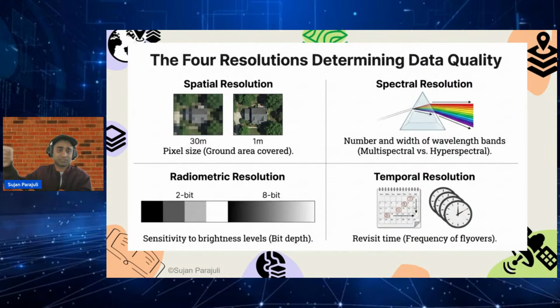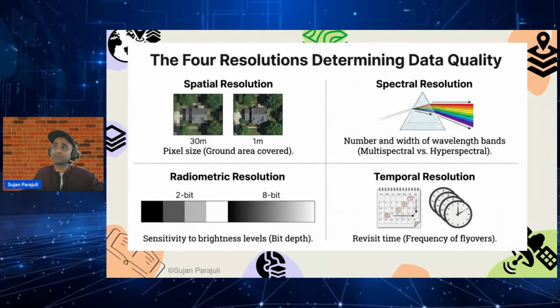How the information is stored on the sensor is that one pixel acquires that information as one number, like a value of 1 or 2, and that represents one feature on the ground. So one pixel represents one feature on the ground.